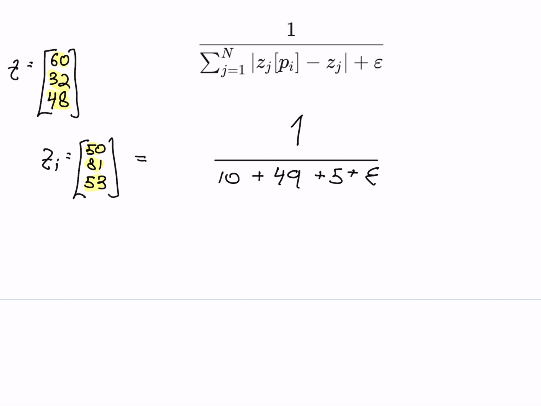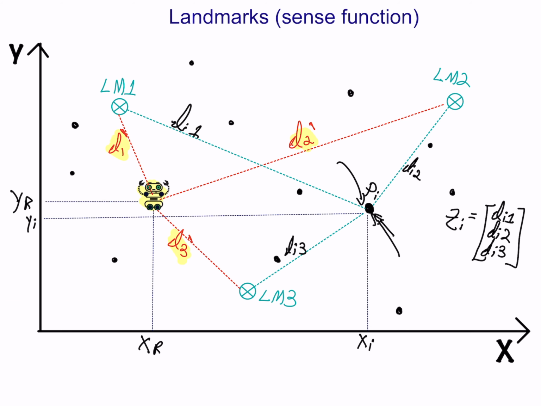But if I have knowledge regarding the true inherent nature of the sensor, I can be smarter. Let me explain what I mean. So what do we know? We have the true robot's position and we have the ith particle.